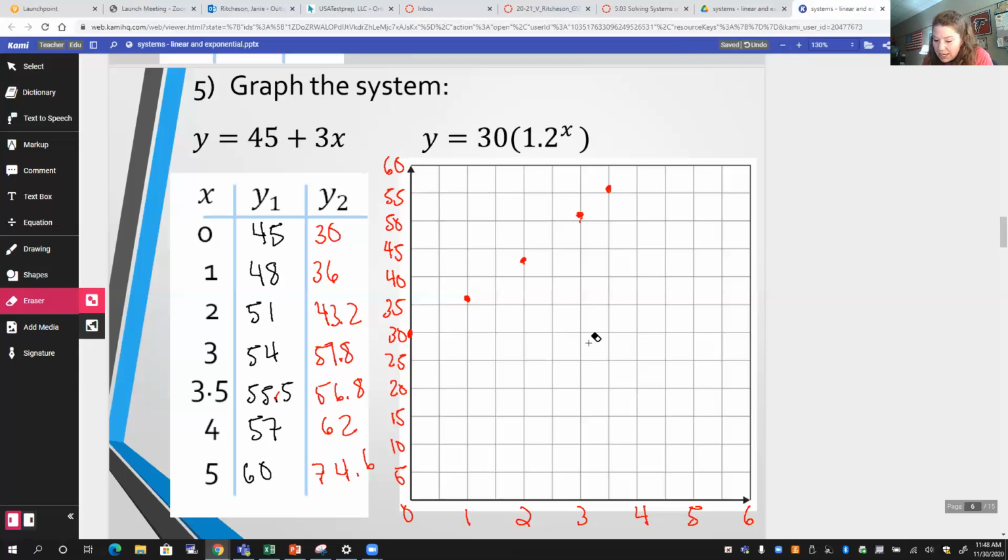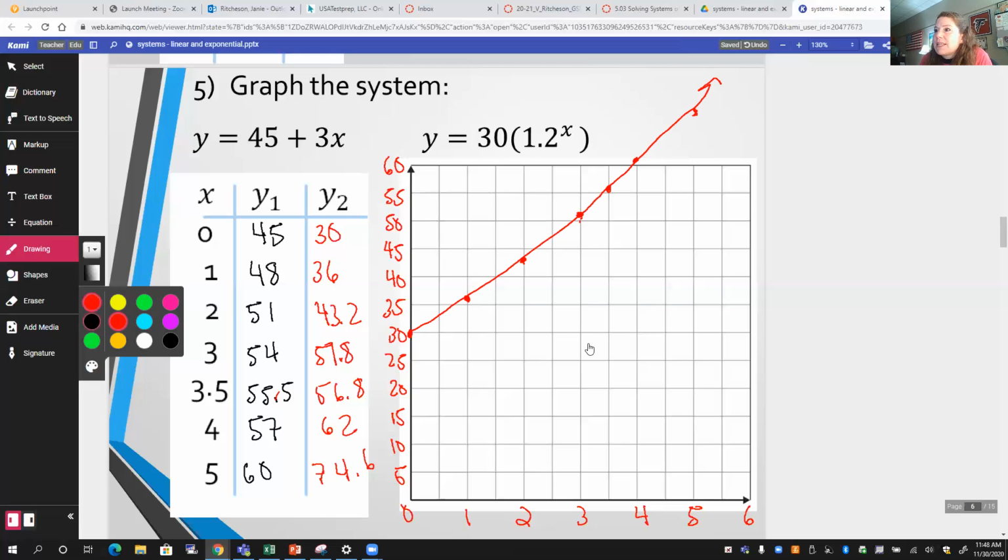See, I didn't use high enough numbers, but that's okay. I did 3.5 and a 56, and then 4 would be 62, and then 5 would be way up here, wouldn't it? Anyway, that's pretty close, I guess. So we still have the little curve. If I do it right, we have a little bit of a curve. Anyway, it would continue to go up and increase exponentially.